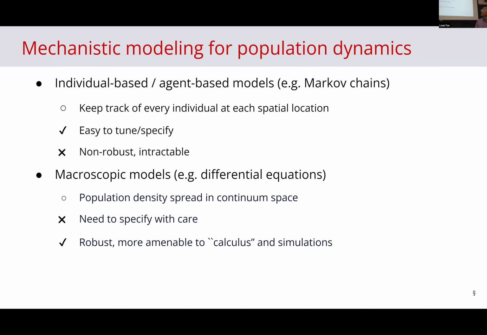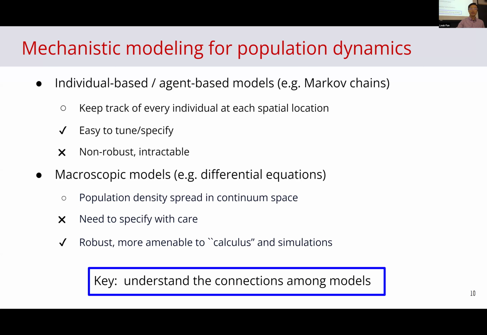So the individual-based approach is easy to specify, but often computationally and analytically intractable. The macroscopic approach might be more amenable to calculus or analysis, but if you write down an equation, we need to understand or make sure the equation is correct and what those parameters mean in terms of the microscopic dynamics.